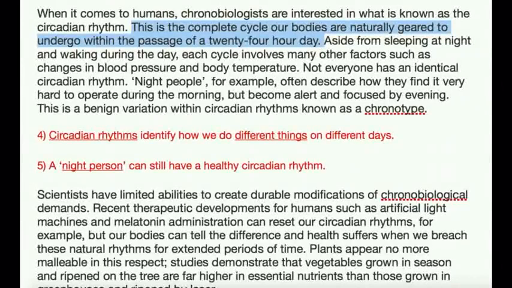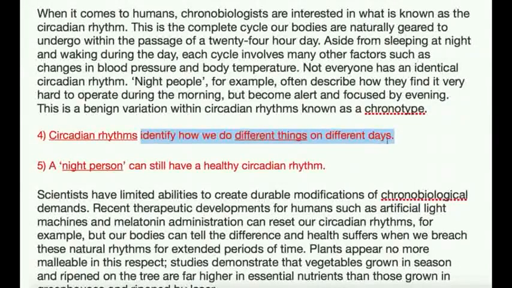So it's a complete cycle our bodies are naturally geared to undergo within the passage of a 24-hour day. However, this is not the same as what we have here. Circadian rhythms identify how we do different things on different days. It's not about doing different things on different days.